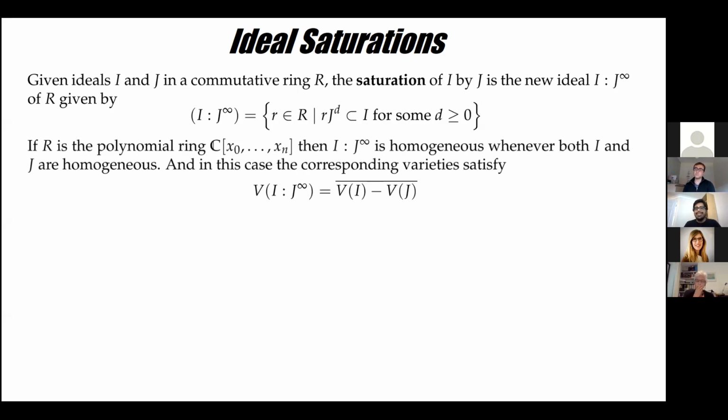In this case, if I and J are homogeneous, then so is the saturation. The reason I want these is that there's a lovely relation between the varieties determined by I, J, and the saturation. The saturation variety is just the variety generated by I, throw away the variety generated by J, and then take a closure.